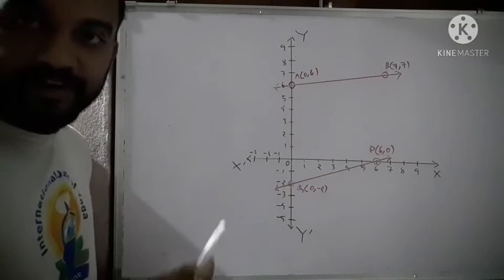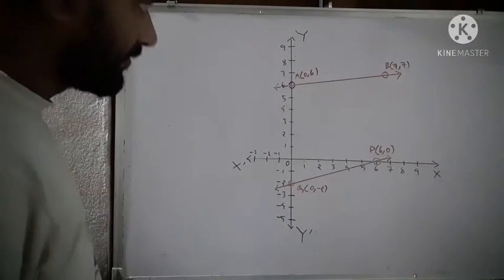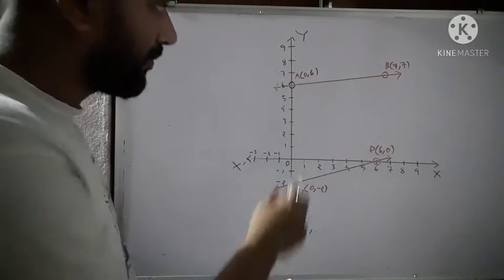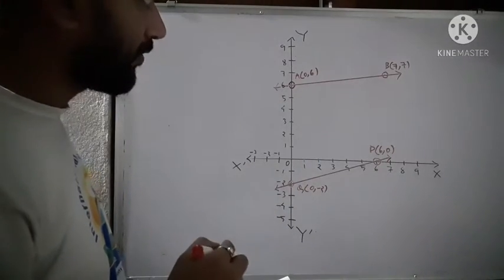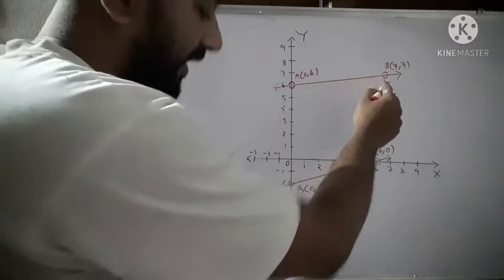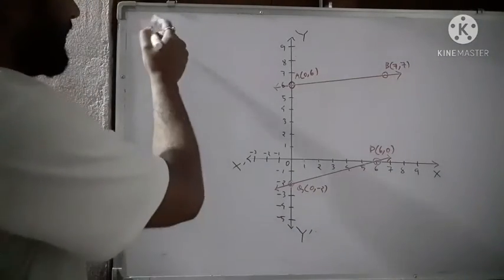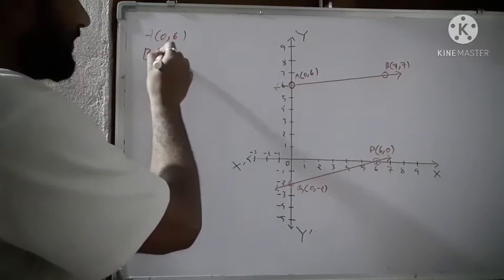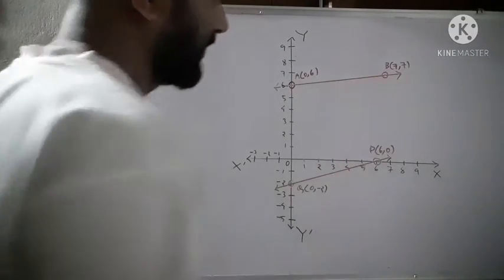So this is the graph for the given coordinate system. What is the coordinate of A? From the table we can see the coordinate of A is 0, 6 and the coordinate of B is 7, 7.